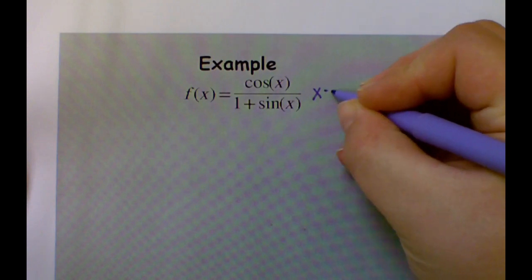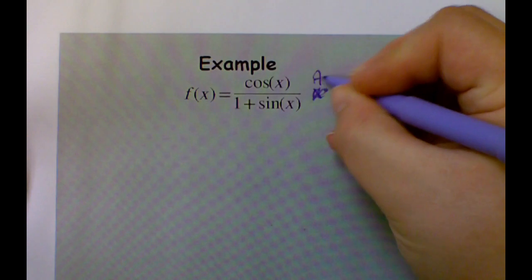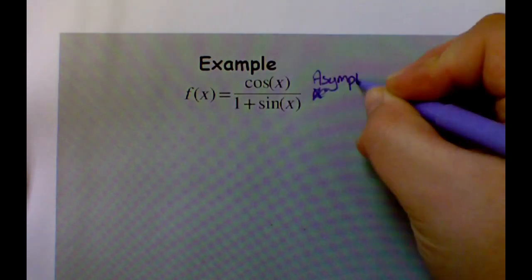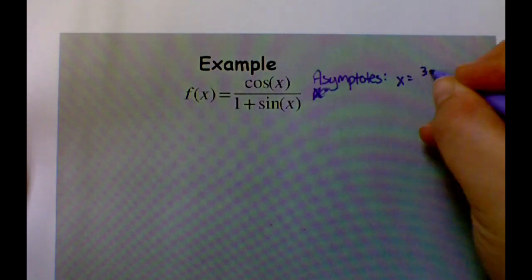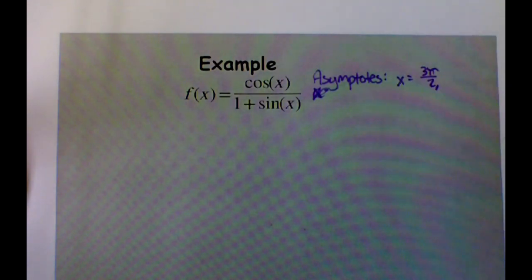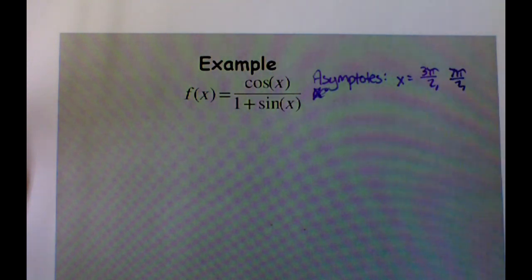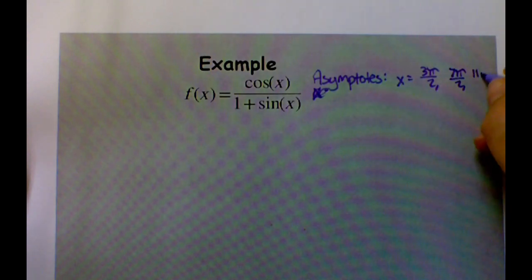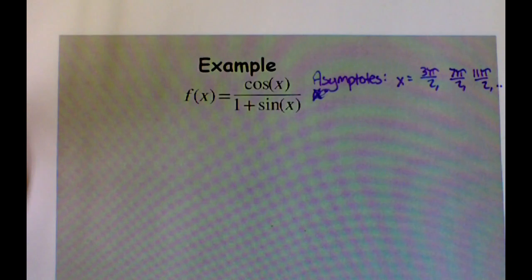So our asymptotes, my vertical asymptotes are x equals 3 pi over 2, x equals 7 pi over 2, x equals 11 pi over 2, on and on and on and on. Every time around the unit circle.